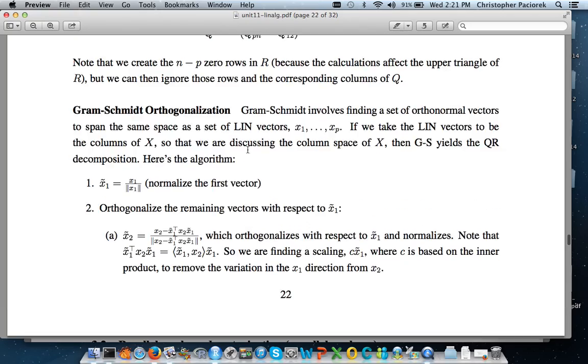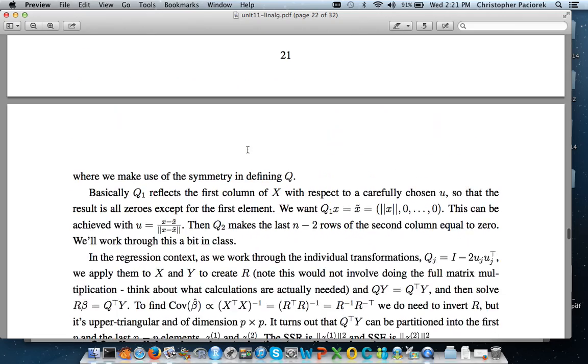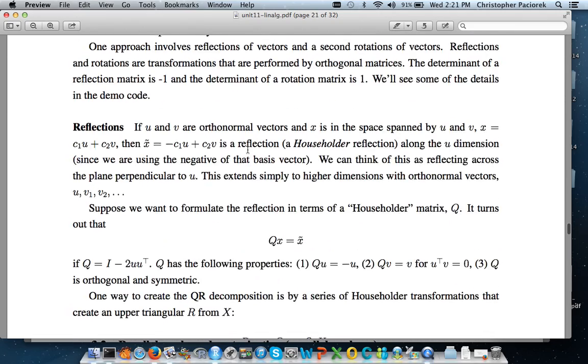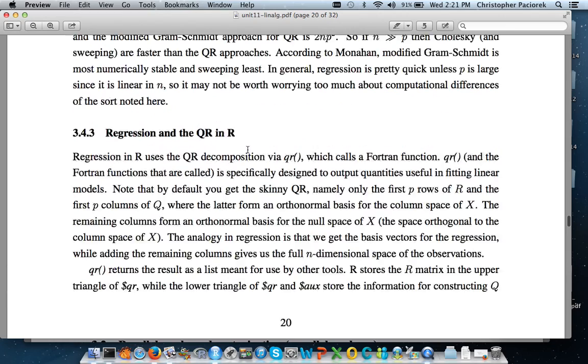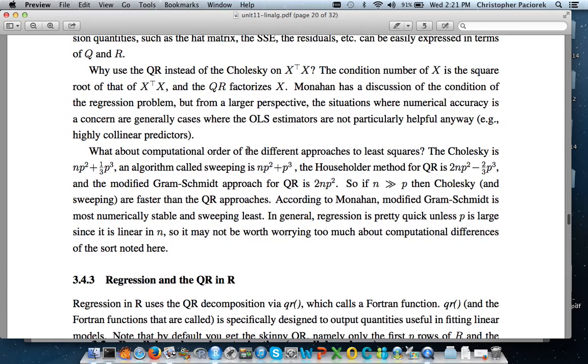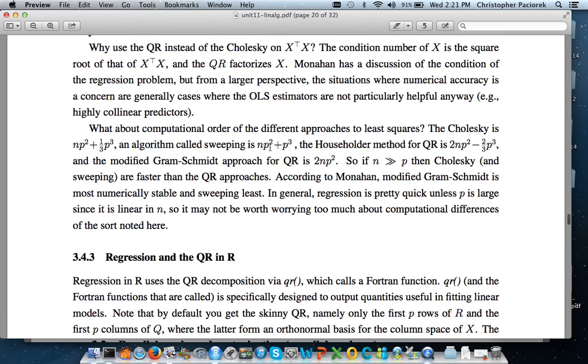So that's a fair question. I wrote a little bit about this earlier on. If I've got an n by p matrix X and I want to solve a linear regression problem, a least squares problem, then this is the order of operations for doing it with either Cholesky, the reflections method that we talked about, or Gram-Schmidt.